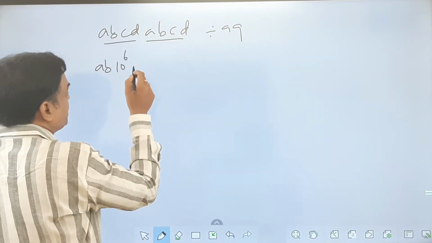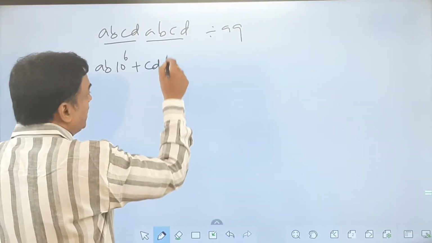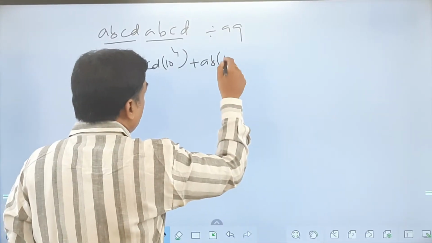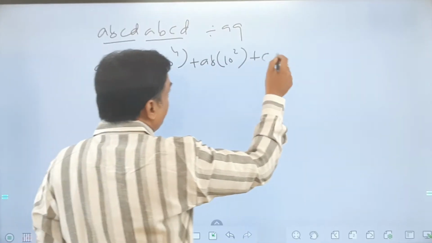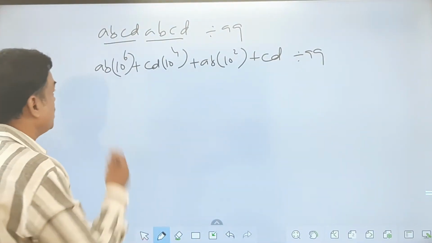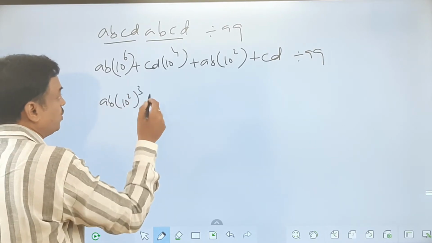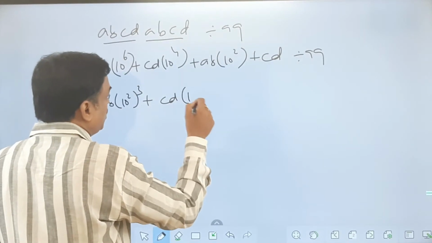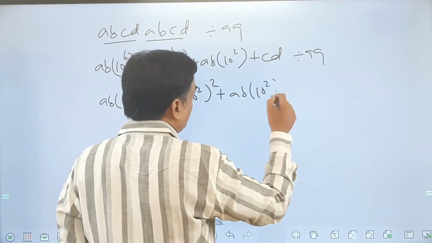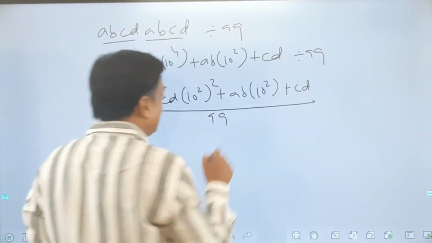So it is 10 to the power of 6, plus CD followed by 4 digits, so 10 to the power of 4, then AB into 10 to the power of 2, and then finally CD, divided by 99. So AB into (10 squared) whole cubed plus CD into (10 to the power of 2) whole squared plus AB into 10 to the power of 2 plus CD, divided by 99.